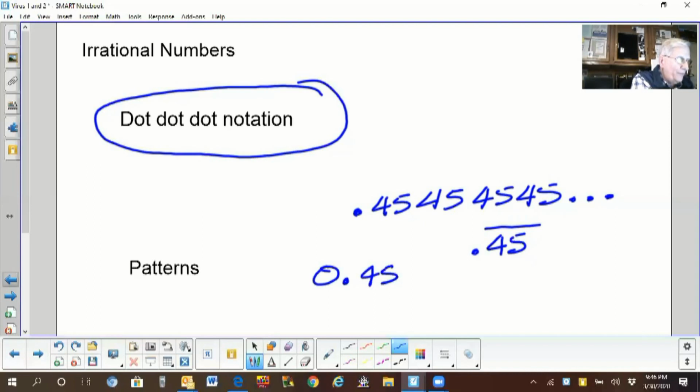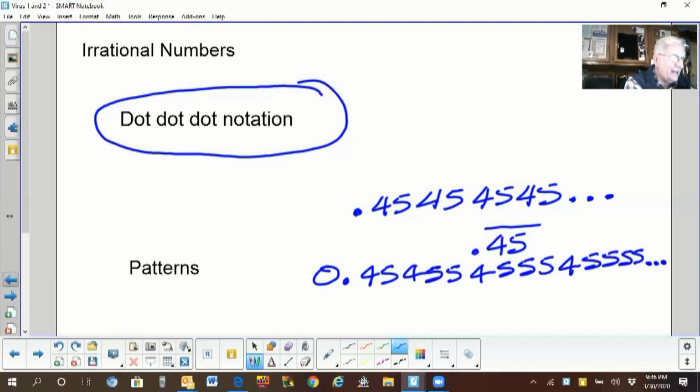I can have 0.45, 455, 4 followed by 3 5s, 4 followed by 4 5s, and if I put 3 dots after that, what that means to the reader is that this number continues to infinity, but the number of 5s continues to increase using the same pattern. First there was 1, then there were 2, then there were 3, then there were 4. So next there will be 5, then there will be 6, and so forth.